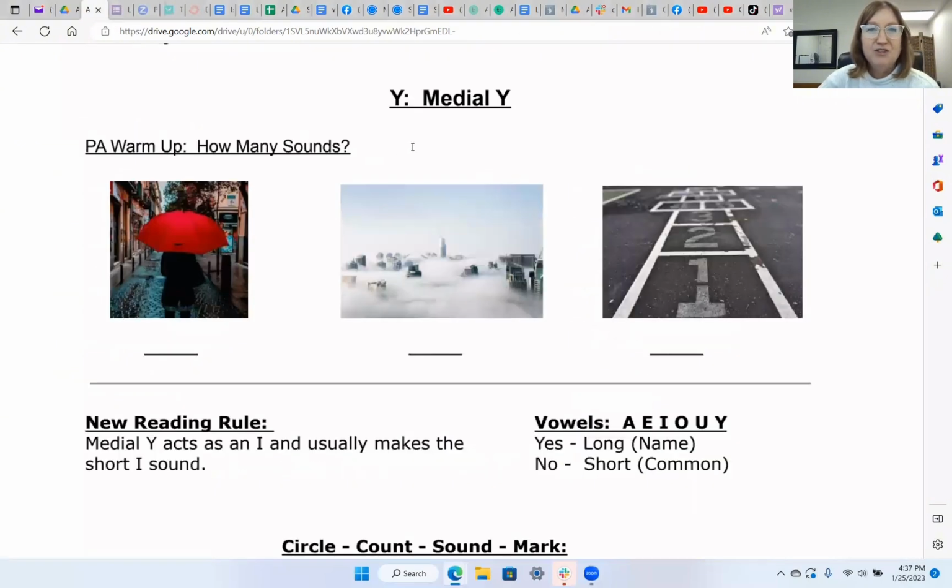Okay, moving on to today's lesson. Medial Y. That means Y in the middle. Whenever you see a word with Y in the middle, we borrowed it from the Greek language. The Greeks don't use an I in the middle of their words. They do use them on prefixes, but not in the middle. And we borrowed a lot of words from the Greek language.